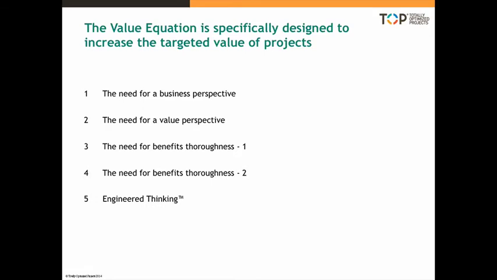But what it achieves is to enable management and staff to think far more deeply and identify their true business outcomes and all of their benefits and value. And that's the key to the value equation, to increase the value identified so it can be targeted and realized.